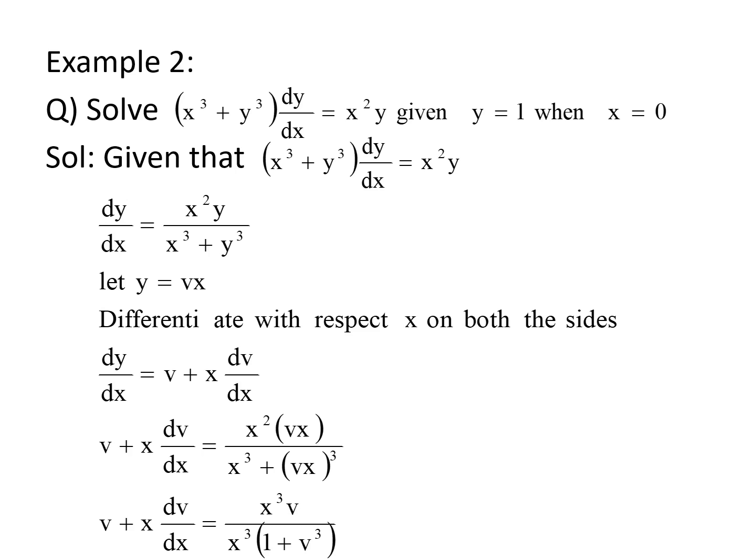Move on to the next line. Write down the left side part again as it is. v plus x into dv by dx is equal to x square into vx, which becomes x cube into v by, if you take x cube as common from the denominator, it becomes x cube into 1 plus v square. Here x cube gets cancelled.